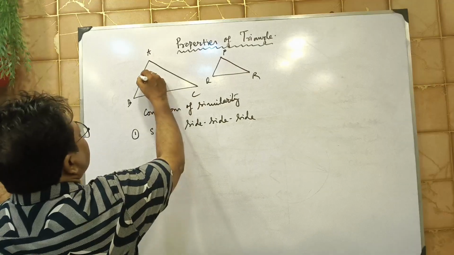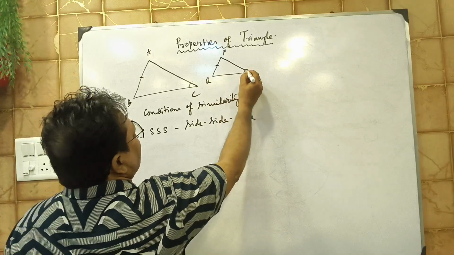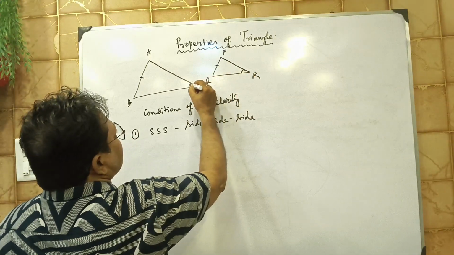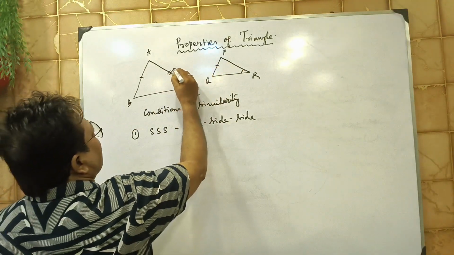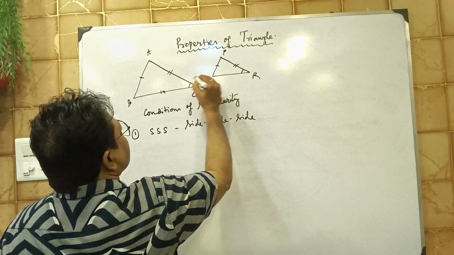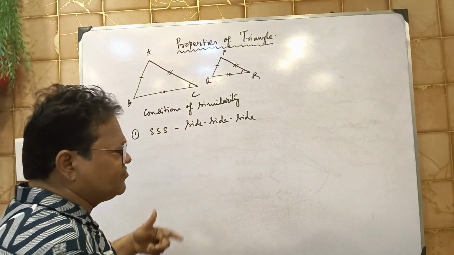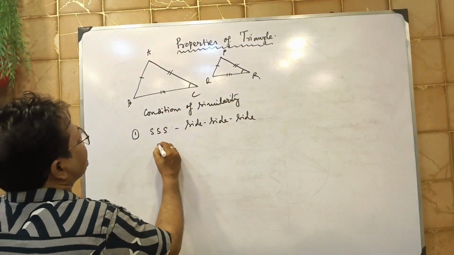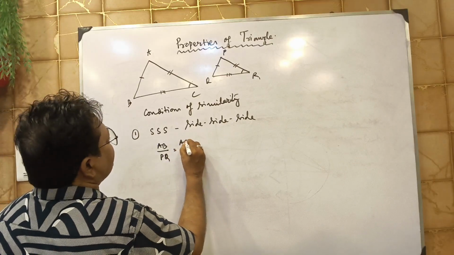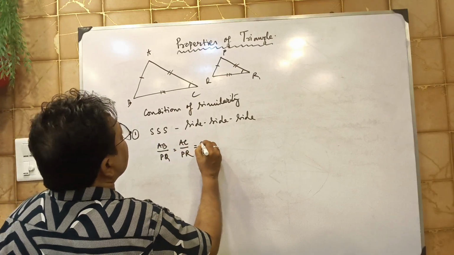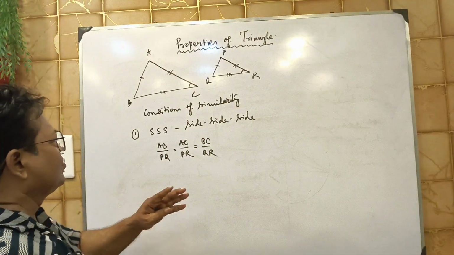These are corresponding sides because these are equal angles, so opposite sides are corresponding. So their ratios will be equal according to the first condition of this similarity, that is AB by PQ is equal to AC by PR equal to BC by QR. This is the first condition.